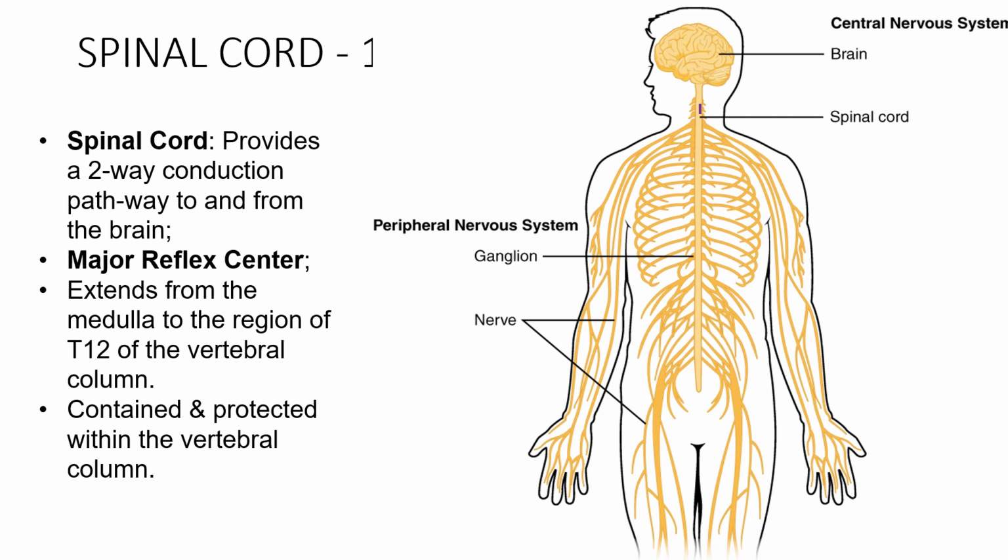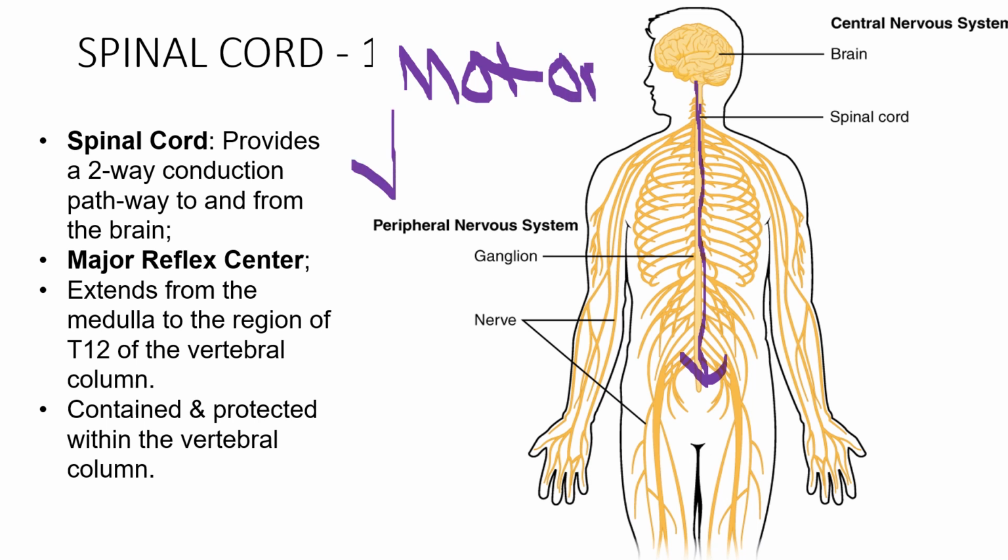So messages are going down, and whenever we have a message going down, remember that's going to be a motor message, and we're also going to call this a descending tract. I'll just put a down arrow for now. But a motor tract and a descending tract is the exact same thing.